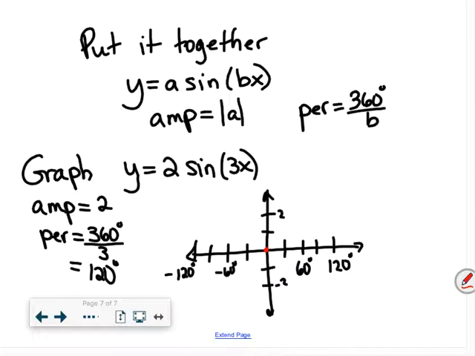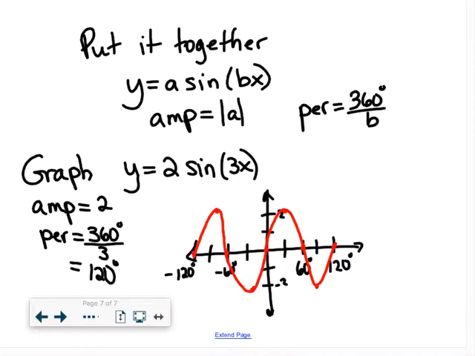If it's positive 2, it goes up to 2. If a is negative 2, it's going to go down to negative 2. All right, so this goes up to 2 because it's positive, 0, negative 2, 0. I'm using those 5 main points. Those are critical to understand.